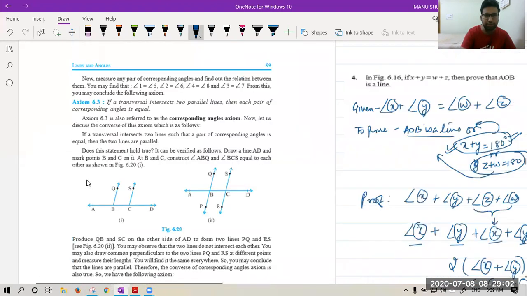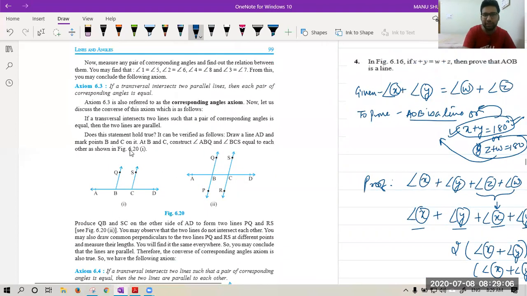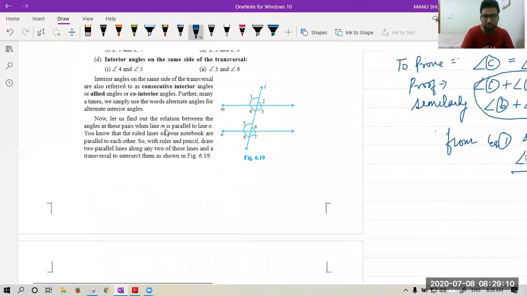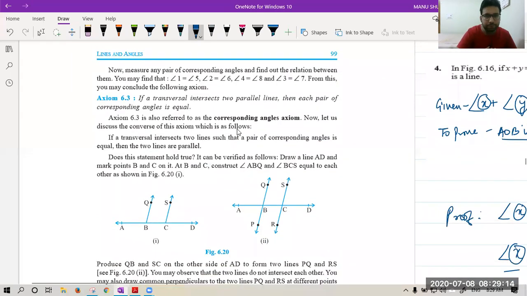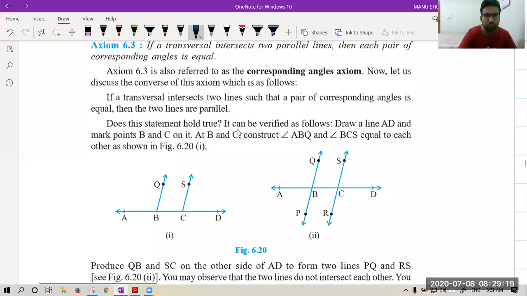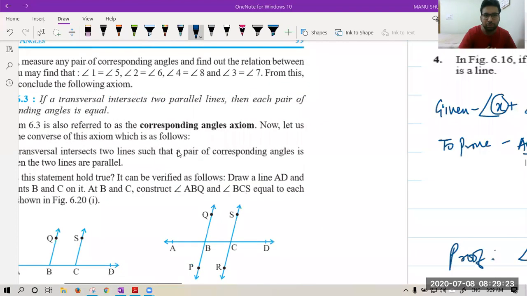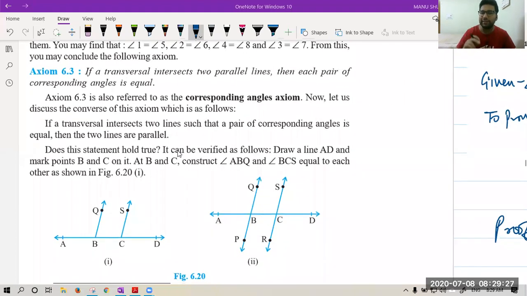Axiom 3. We have done 2 axioms till now. You will write the heading Axiom 3 and you will write this line. Axiom 3: If a transversal intersects two parallel lines, then each pair of corresponding angles is equal.